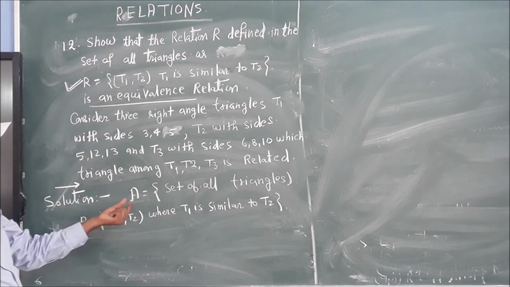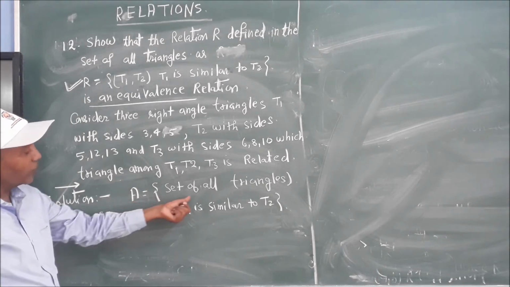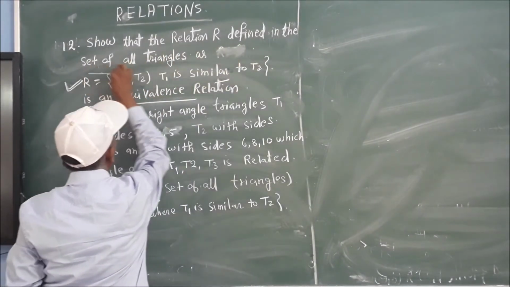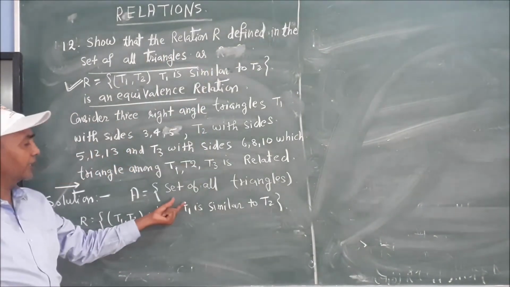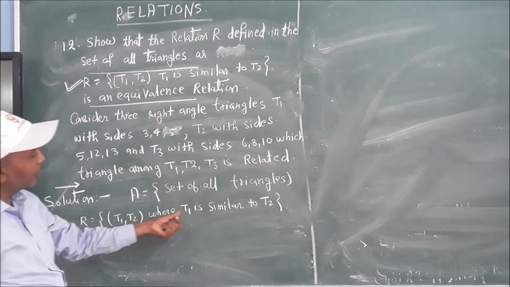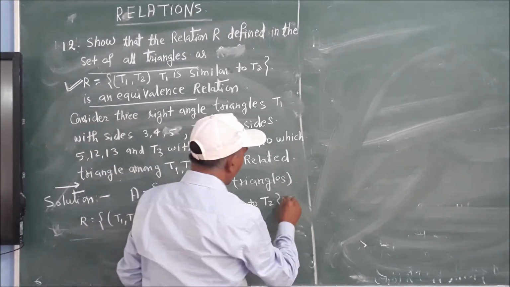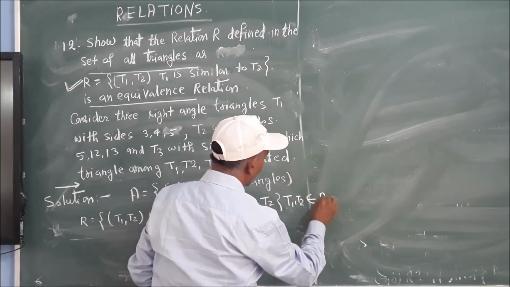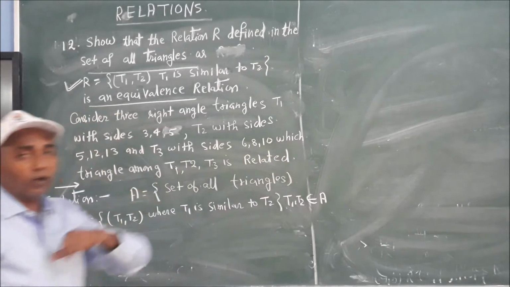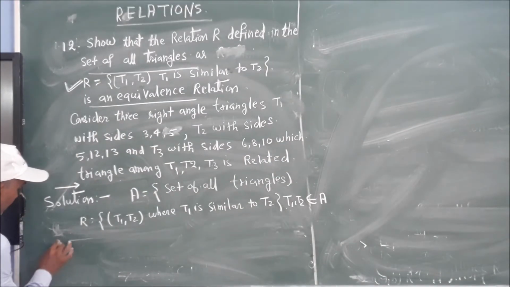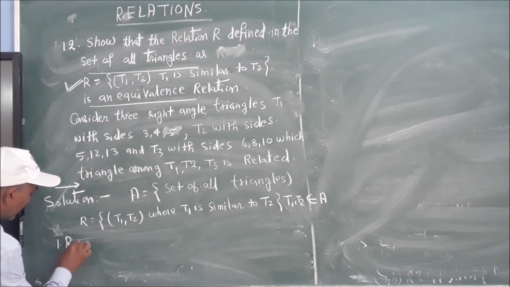So in the solution, given that let A be the set of all triangles. Here this relation is defined in the set of all triangles. Relation is R equal to {(T1, T2): T1 is similar to T2}, where T1, T2 belong to A. That means these two lie in the set A. Then we have to show that the first property is reflexive.